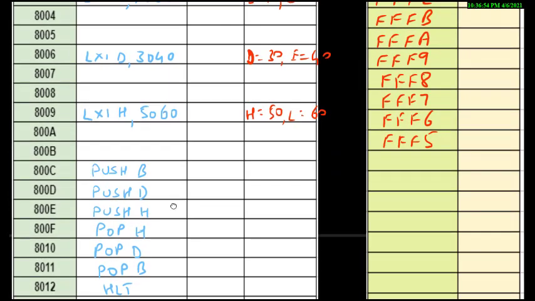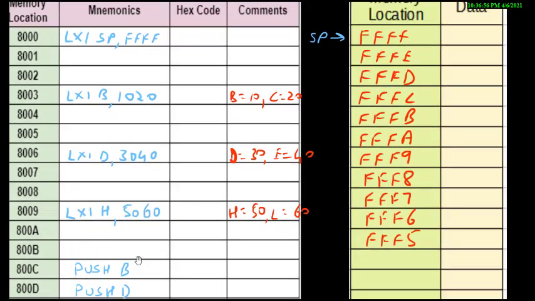When this particular instruction push B is executed, the stack pointer decrements by 1, and the content of register B is stored in that location. The content of B is 10, so 10 gets stored here.